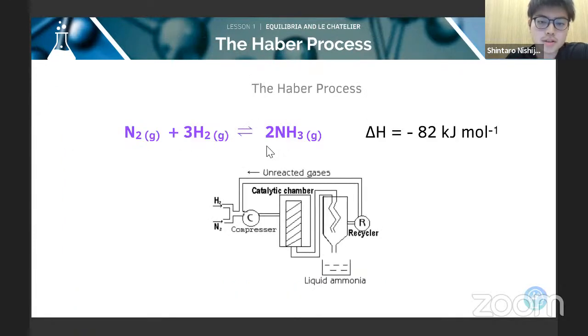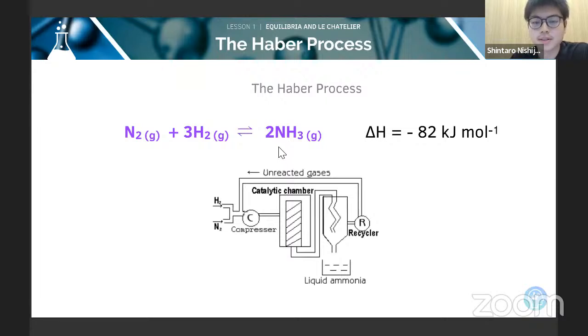In regards to pressure, there's one nitrogen molecule and 3 hydrogen molecules, right? That's 4 molecules on the left and then 2 ammonia on the right. We have more molecules on the left and fewer molecules on the right. So the right side has lower pressure because there are fewer molecules.